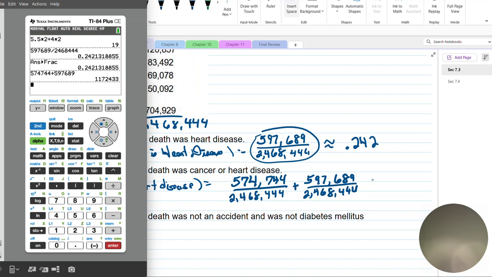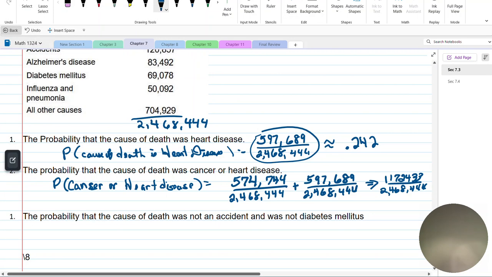And I get this great number. 1,172,433 over that 2,468,444. Now, if it asks for decimals or percents, you follow that. You have the ratio and then stick it in the calculator to get that answer.